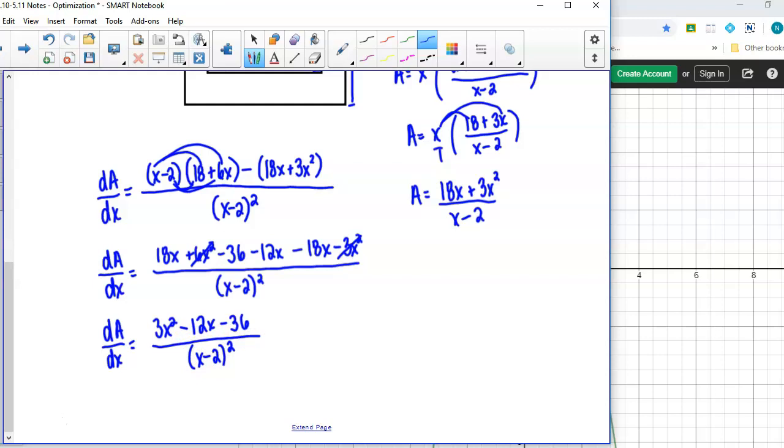And to make my life a little bit easier, I'm going to go ahead and factor that numerator. So 3 times x squared minus 4x minus 12 over x minus 2 squared.